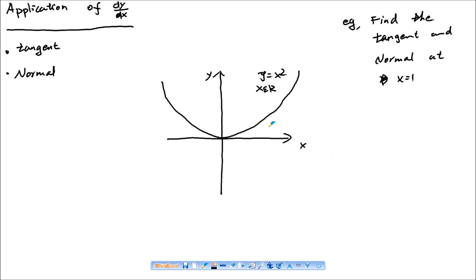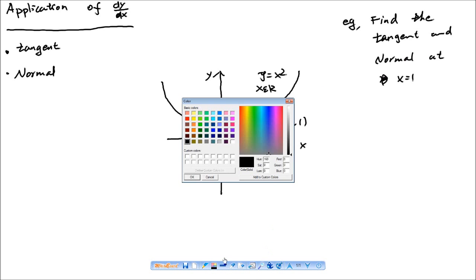So the first step is we need to find the point, the coordinate when x equals 1. When x equals 1, y will be 1 from the equation. The coordinate is (1, 1). The tangent is basically referred to a straight line.